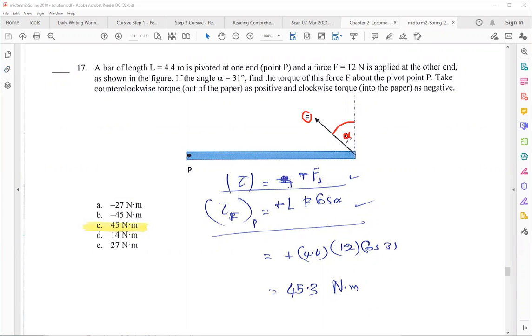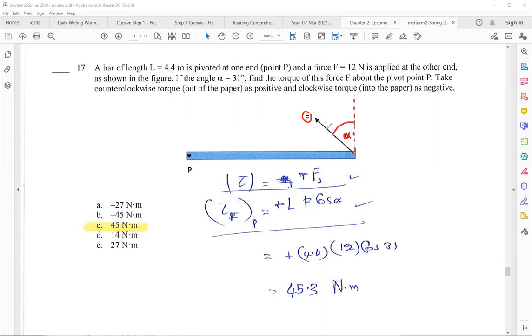Something we haven't seen in the slides in the lecture. So here, when the angle alpha is with the vertical instead of the horizontal, you need to keep in mind the following.